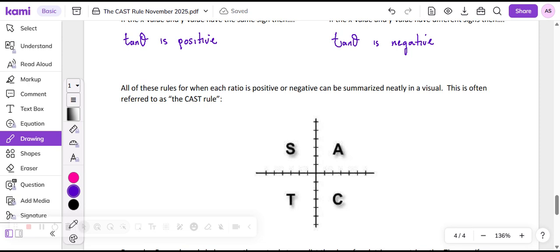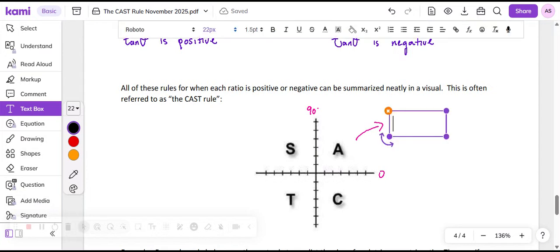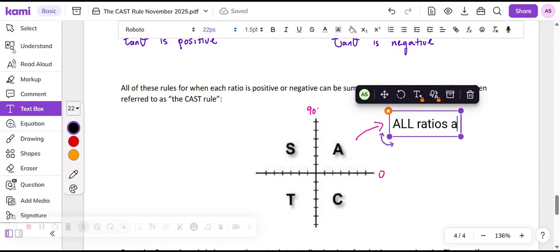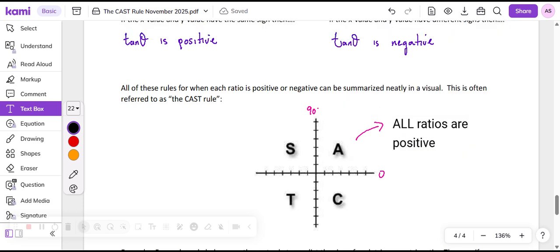In that A quadrant, that first quadrant, remember this is between 0 and 90 degrees, all 3, and I'm going to capitalize, all ratios are positive. Sine, cosine, tan, all the ratios are positive.